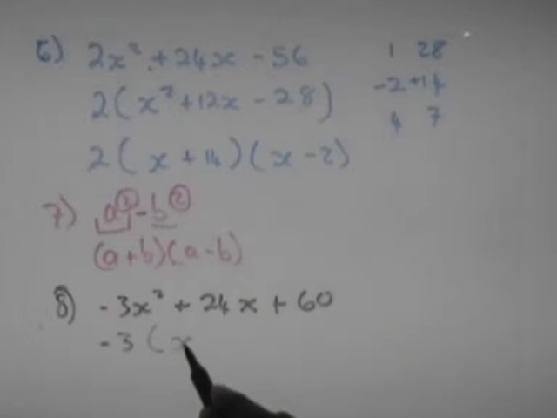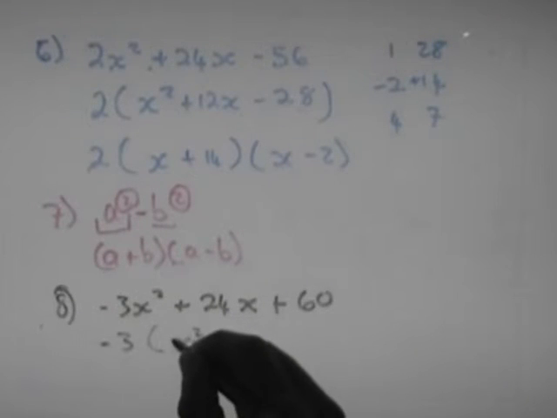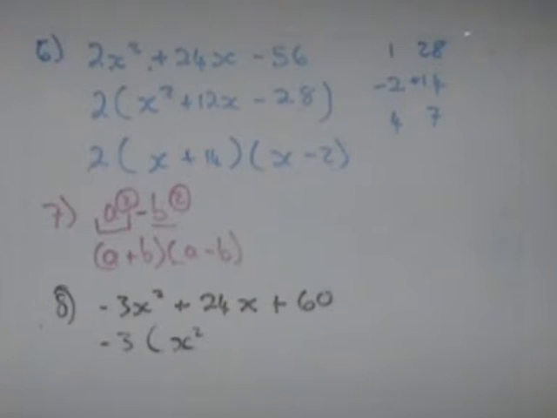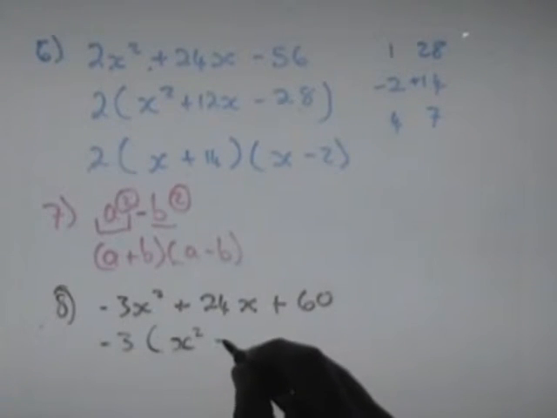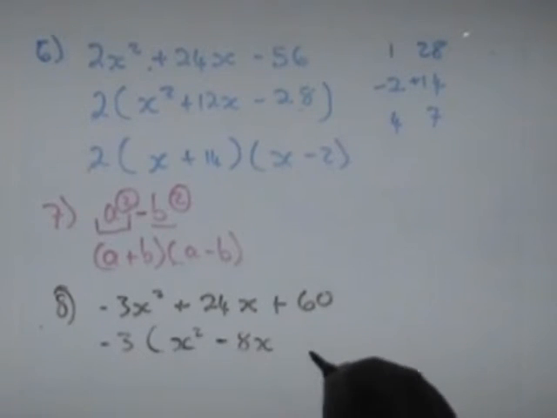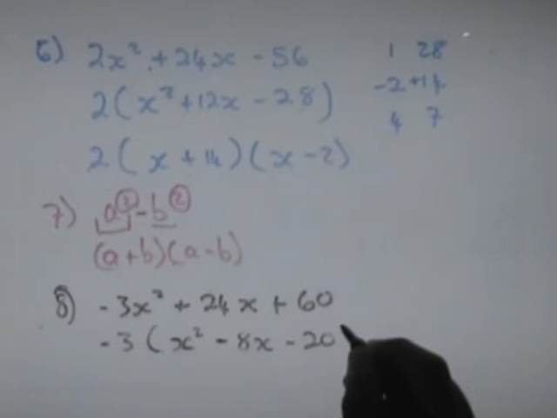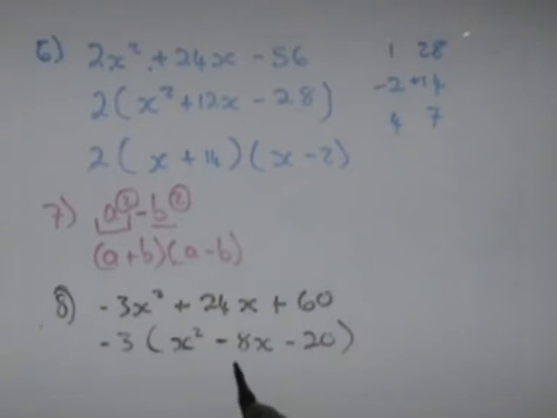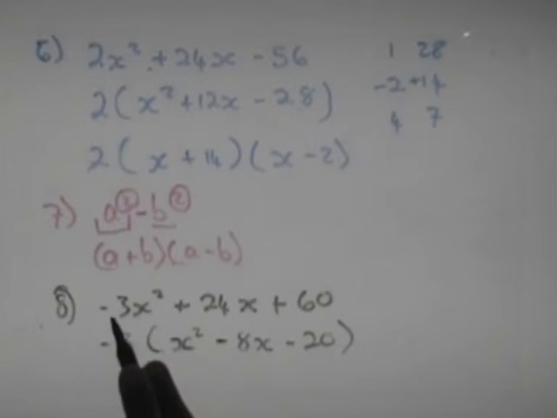That will make the constant in front of my x squared positive 1. So that will be x squared minus 8x minus 20.